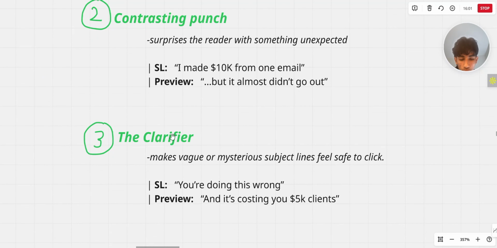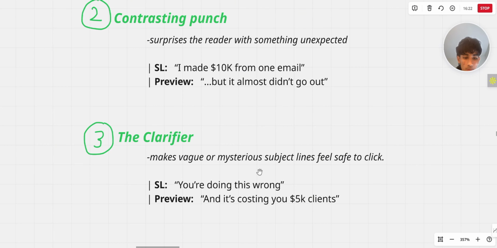And number 3 is what we call the clarifier. This is something that often happens as you get better and better at writing subject lines. A lot of the time your subject lines can start to seem slightly clickbait. So what the clarifier does is it makes a vague or mysterious subject line feel safe to click.